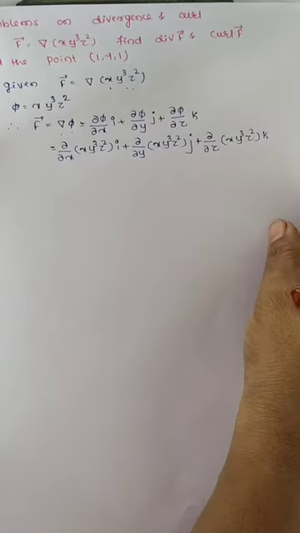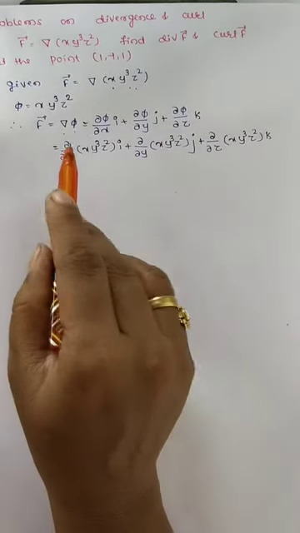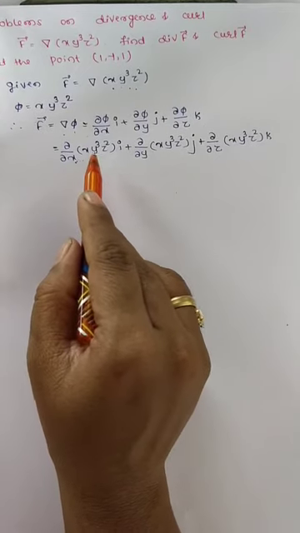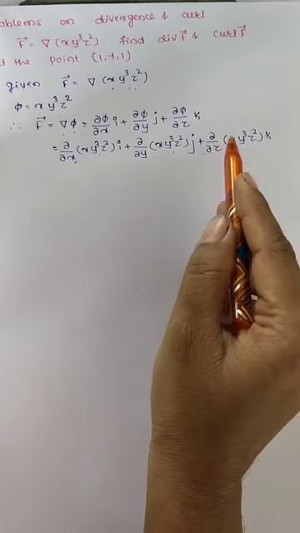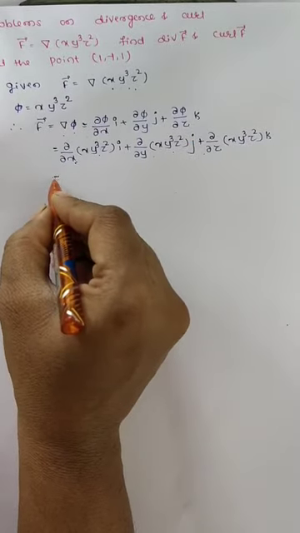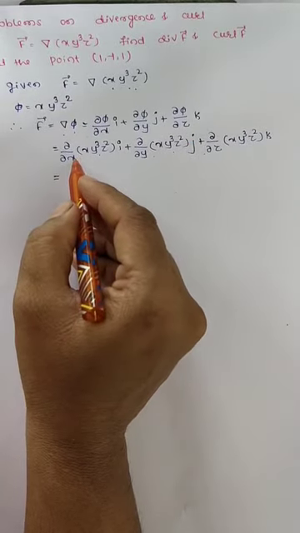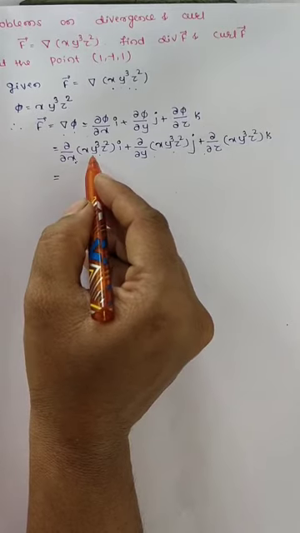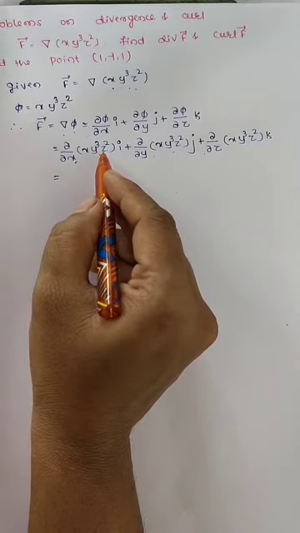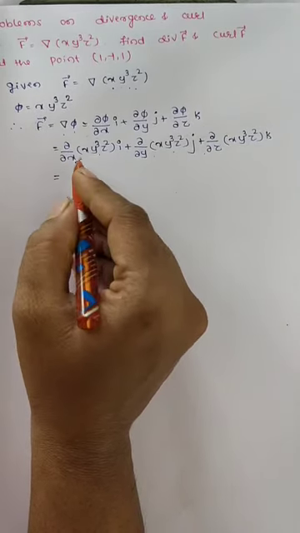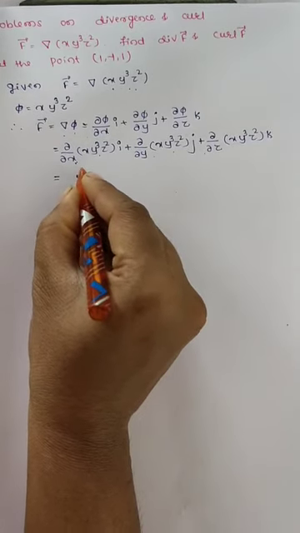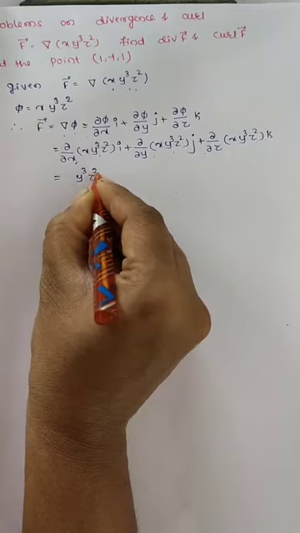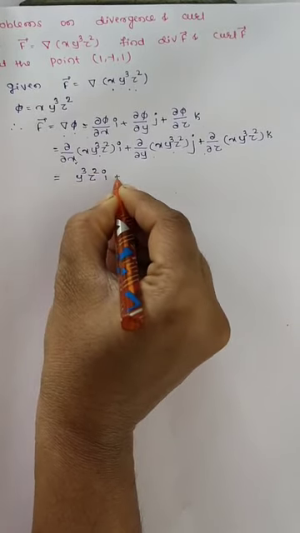After substituting, we differentiate partially with respect to x, y, and z. First, differentiate with respect to x. At that time, y and z are constants. The differentiation of x becomes 1. Remaining is y cube z square i plus.